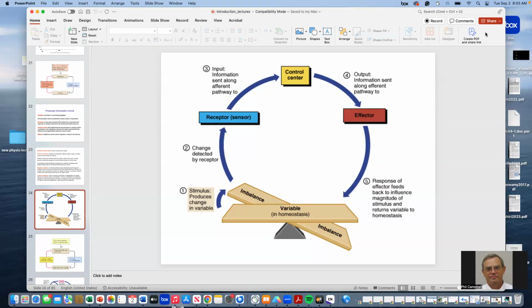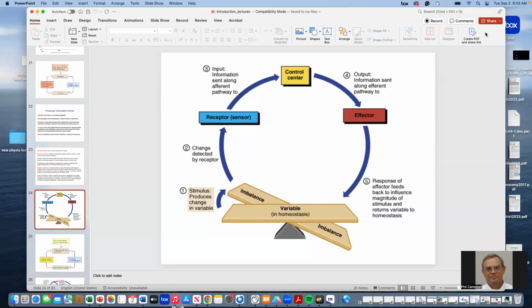And what you will find through the semester is that this is where it kind of deviates from engineering-type control systems. It's a lot more complex. In some cases, you have multiple control centers, as well as the receptor can reside in the control center or not. But we'll get into that later when we talk about specific examples.